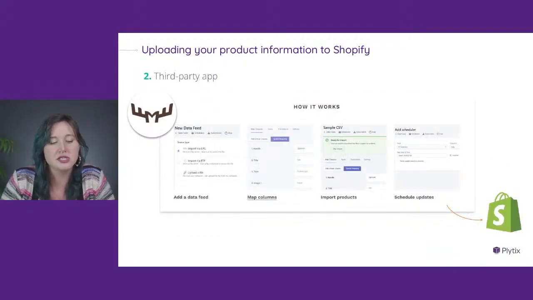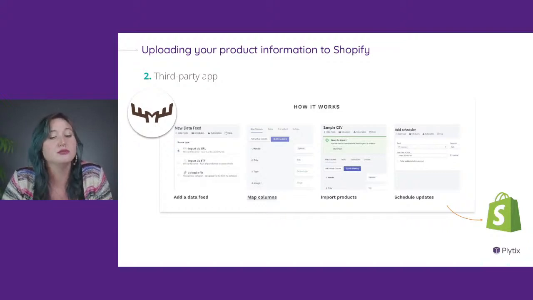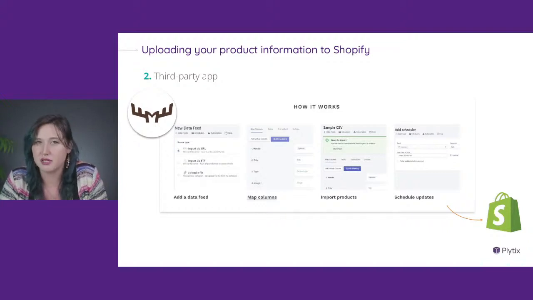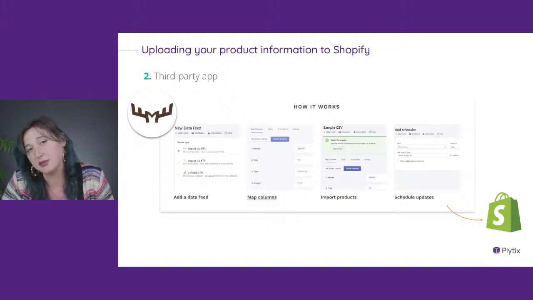So this one is using a third-party app to get your product information into Shopify. There are a lot of options. One example is called MooseSync. There's some other plugins available as well. If you do your research, you'll find that there are a ton. So with these apps, you can use URL feeds, FTP servers, or just directly upload a file.